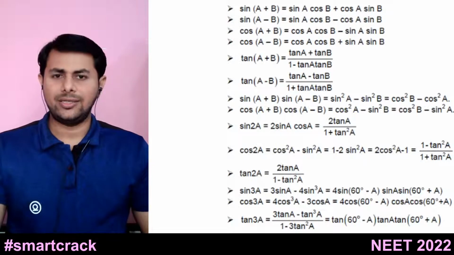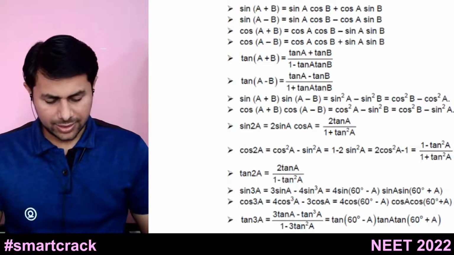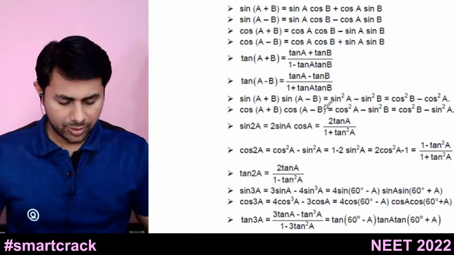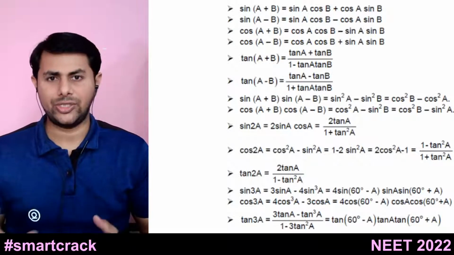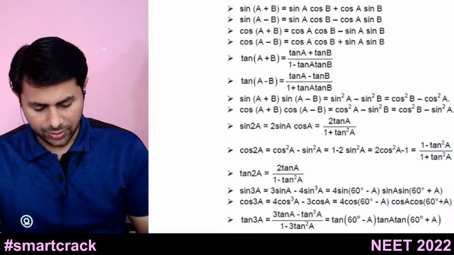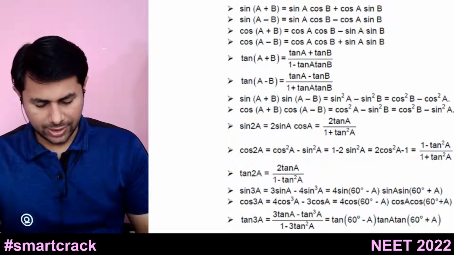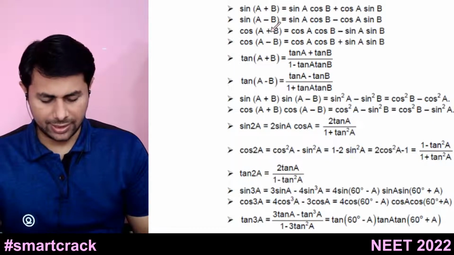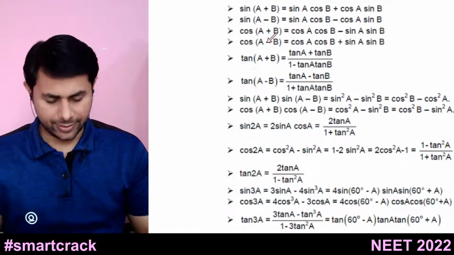All right, and then there are some trigonometric formulae. If you know these formulae, then some of the questions will be handy. Not all of these formulae. You need to know the formulae for sine and cos of addition and subtraction of two angles.